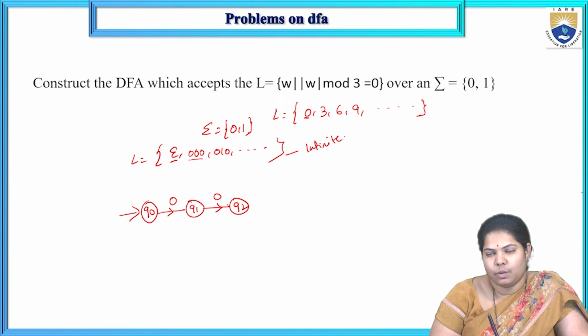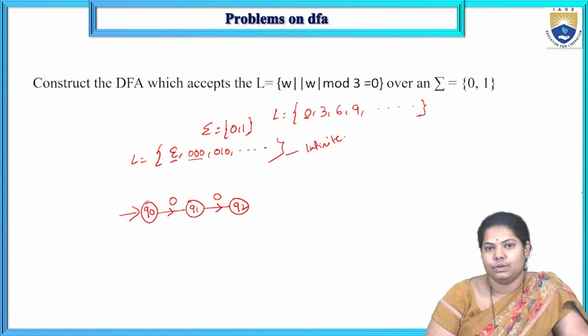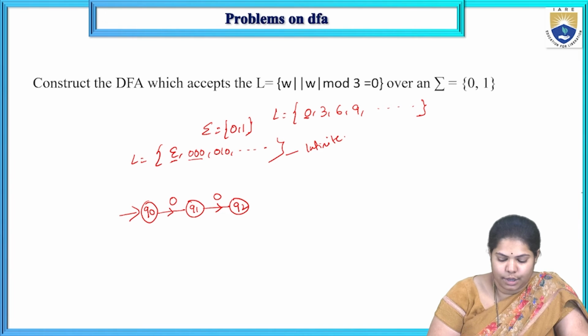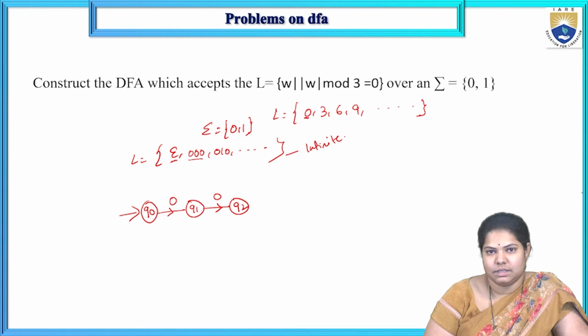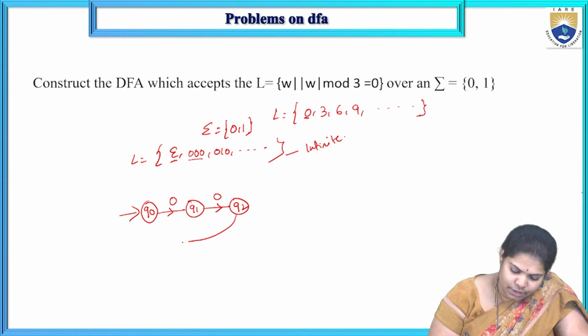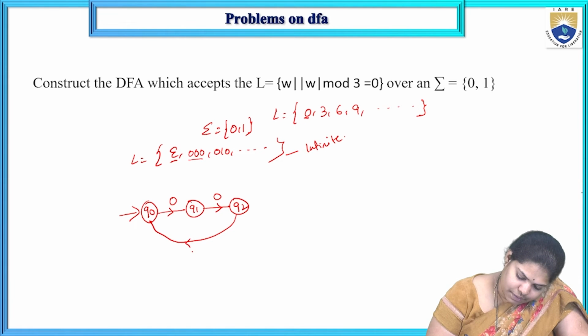In the last slide, I told you that when a number is divided by 3, it gets a remainder 0, 1 or 2. So therefore, it contains only 3 states. Here we have already kept the 3 states. So where should I send the next 0? I should send it to Q0.